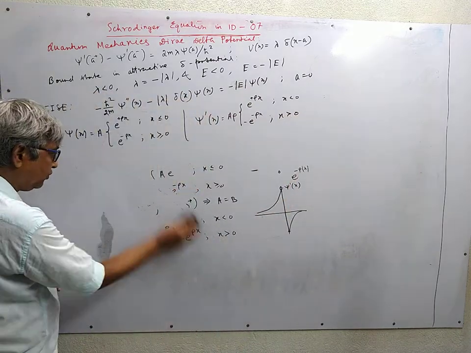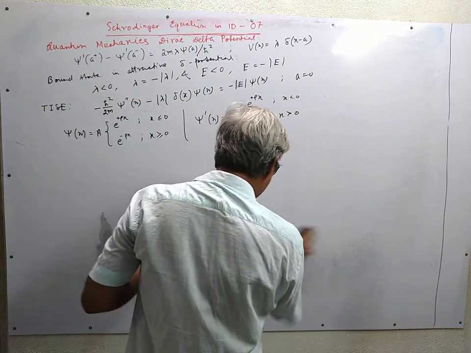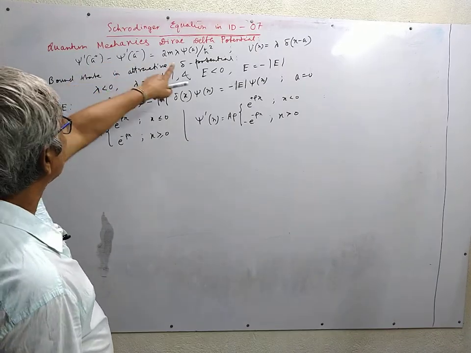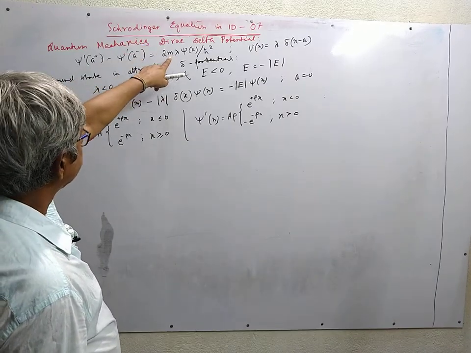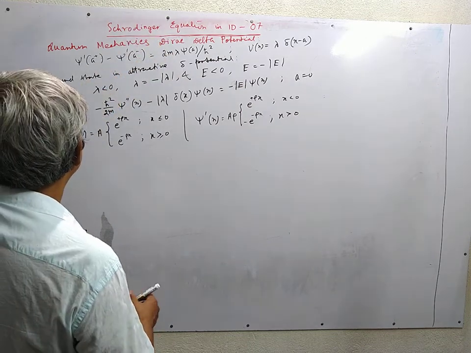Now we use this property, the expression for the discontinuity. You know that the potential is attractive, so lambda will be replaced by mod lambda.